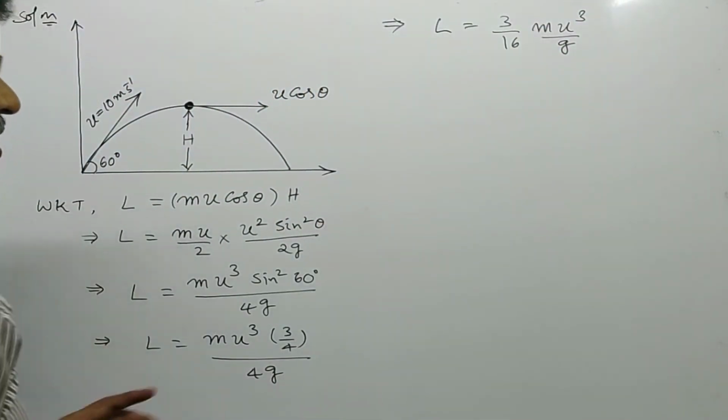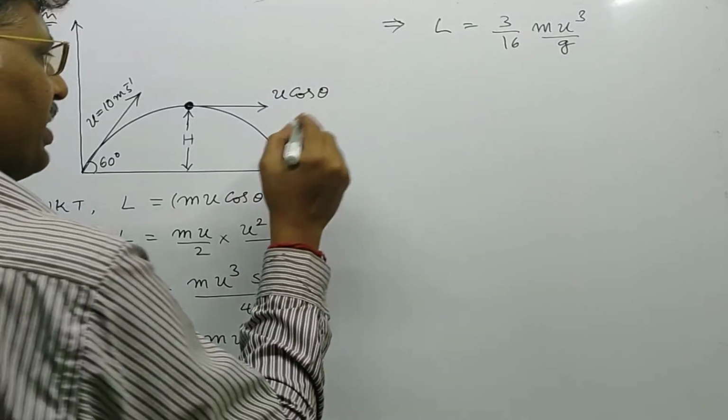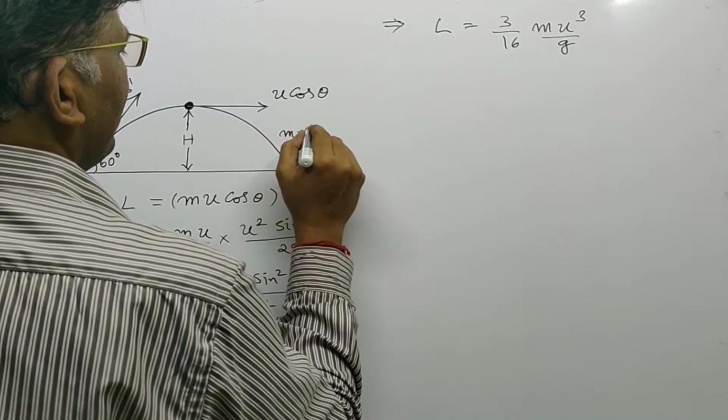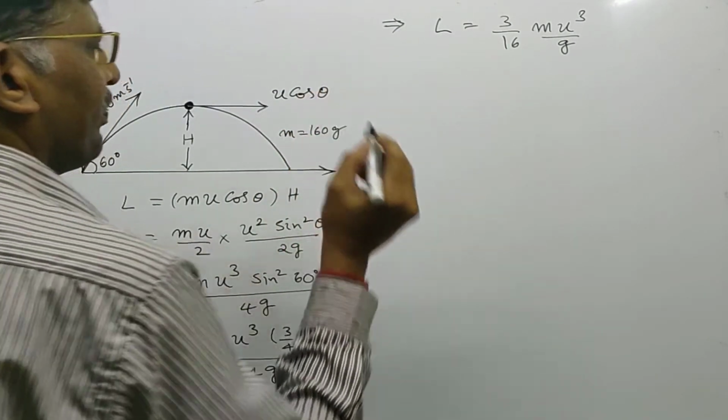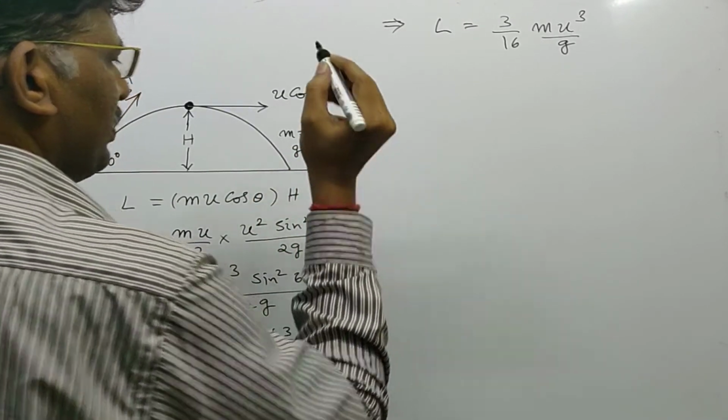Now, according to the question, m is given as 160 grams, u is given as 10, and g is also mentioned in the question as 10.